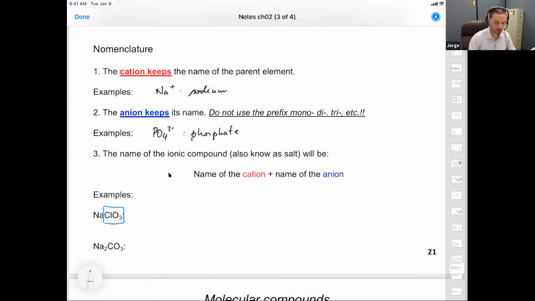So we have here ClO3. From Nick the Camel, we know that ClO3 has a negative charge. And more than that, we know that the name of this oxoanion is chlorate.